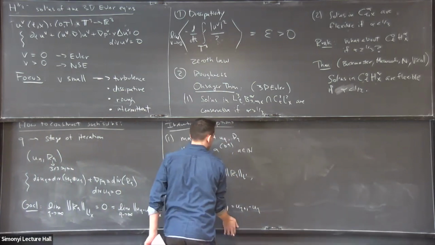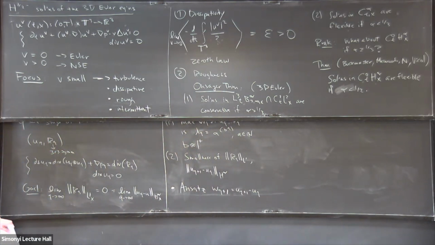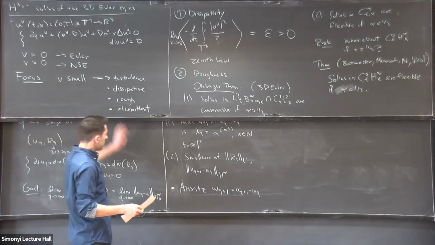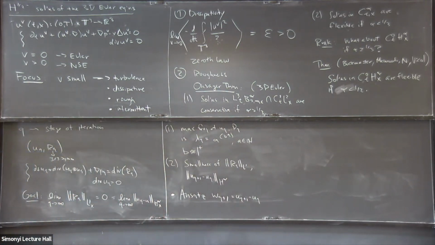And the ansatz says that my velocity increment, I call WQ plus 1, is equal to UQ plus 1 minus UQ. Wait, can I just ask a question on the map? What is the maximum frequency? It's really the Fourier support? Yeah, morally speaking.